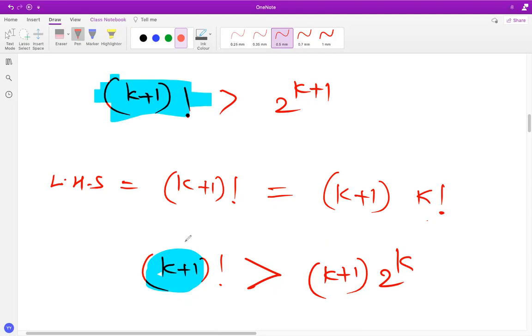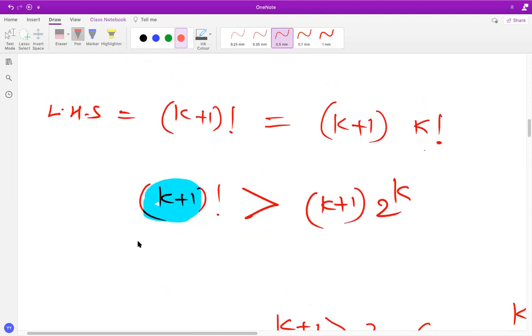Since k is greater than or equal to 4, k plus 1 is higher than or equal to 5. So I can replace k plus 1 with 2, which is a smaller number, and my inequality doesn't get affected.